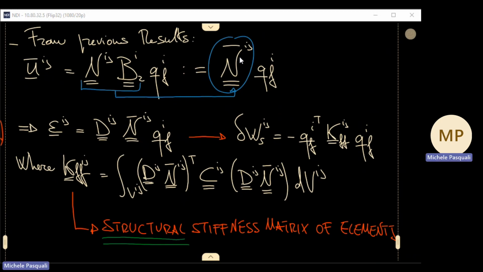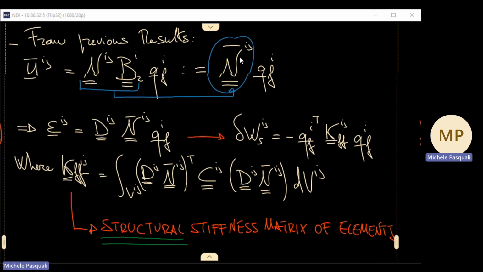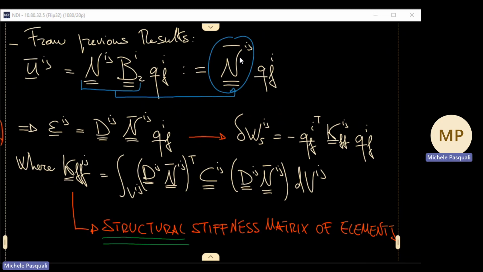Student: In the formula of the virtual work variation, shouldn't we have the delta q? Yes, of course, I'm going to have it here. Only one, because this one is associated to deformation and this one is associated to stress.